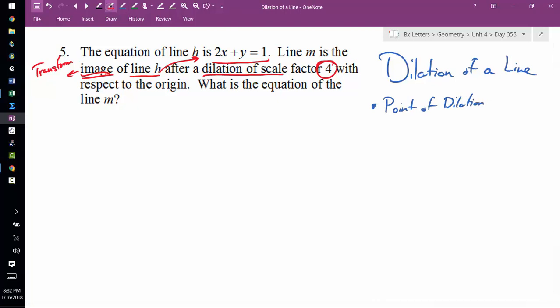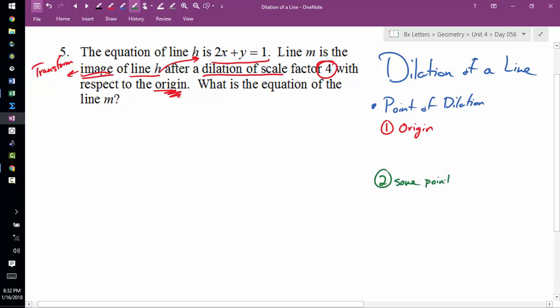It's either going to be the origin, which it is here, or it's going to be some point, typically on the line. In fact, only on the line in the regions, but let's not get ahead of ourselves. This is not that second case. So when it's about the origin, here's what you need to know.